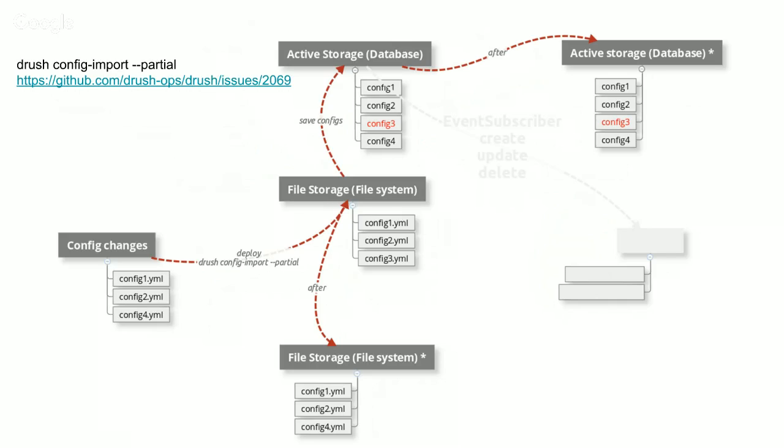But using drush config import partial, we face an issue that not all event subscribers that are fired during config importing are executed by drush partial config import. So you can get a state of your database when your active storage has a lot of configs that are not imported fully.